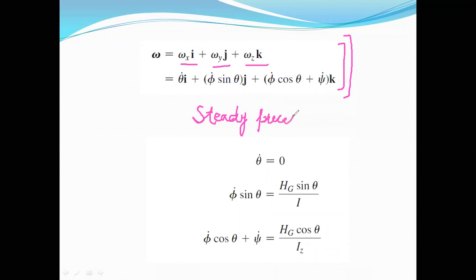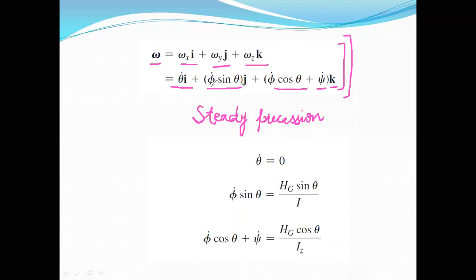In steady precession, we have derived already that the angular velocity omega is written as theta dot i cap plus phi dot sine theta j cap plus phi dot cos theta plus psi dot along k cap. As far as this theta dot was concerned at that time, this was the angle of precession.